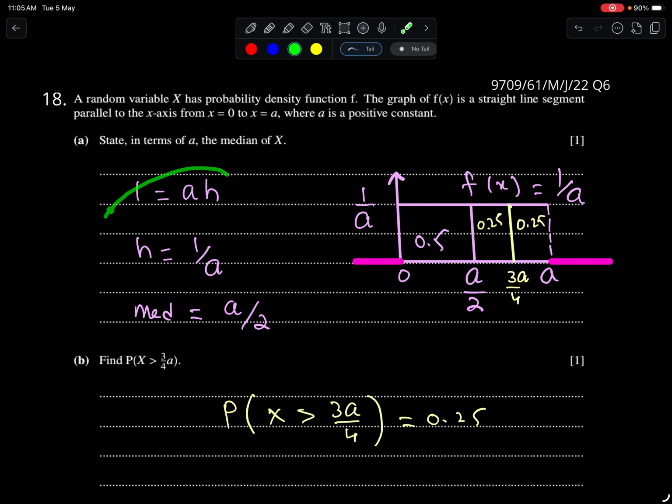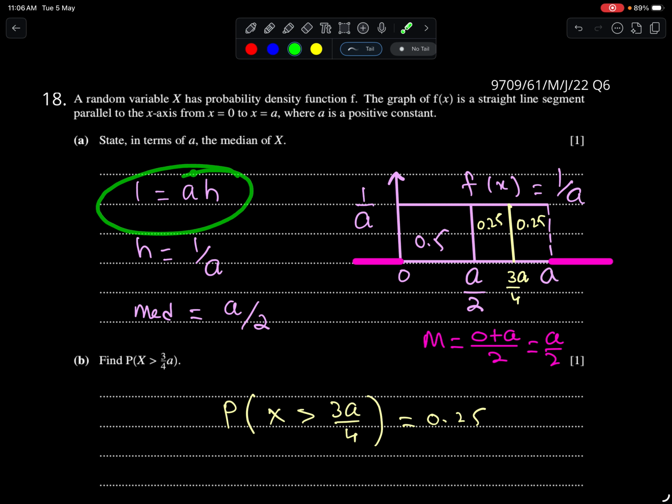I did this in a different way, but this is the easiest way. Median is the average. It's a upon 2.